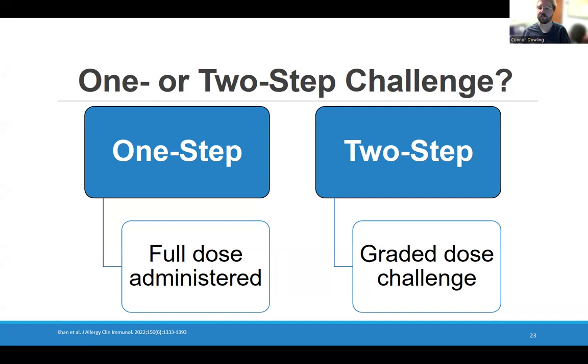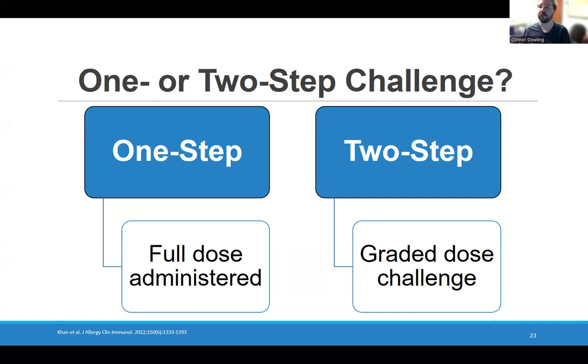As an example, if we did a two-step challenge for amoxicillin, we could give 10 milligrams of amoxicillin as the initial step, and then finish with 490 milligrams 30 to 60 minutes later to complete that two-step challenge. Whereas our one-step challenge could be giving amoxicillin 500 milligrams once just to challenge that history of allergy. Likewise, these challenges do not need to be limited to oral challenges. We can also challenge with IV antibiotics, which we'll see a lot of times with our IV cephalosporins.